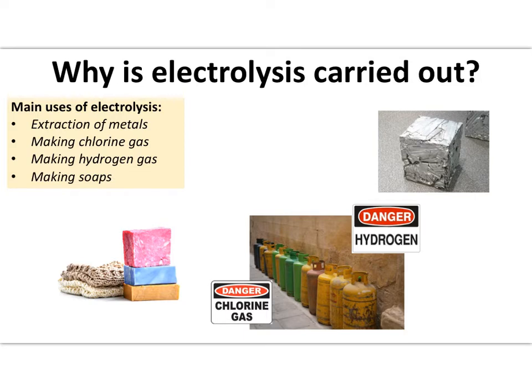Chlorine gas, which is used for a variety of purposes, such as making bleach. It's how we typically get hydrogen gas, and with the increase in hydrogen-powered vehicles, that's becoming more important. And then also we get one of the materials that we need to make soap, thanks to electrolysis. So it's a very important process.